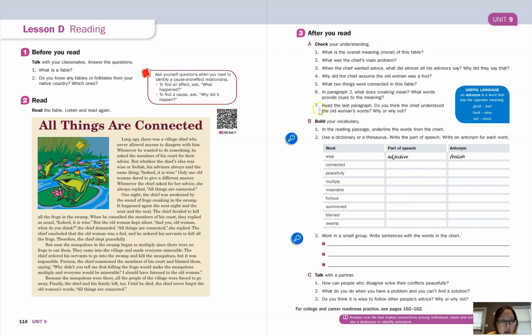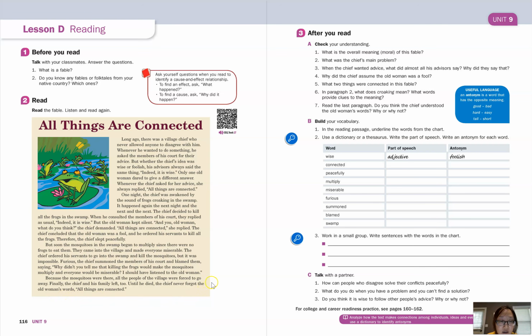And then number 7, read the last paragraph. Do you think the chief understood the old woman's words? Why or why not? Here's the last paragraph, and we might say, yes, I think the chief understood the old woman's words because the story says that until he died, the chief never forgot the old woman's words.